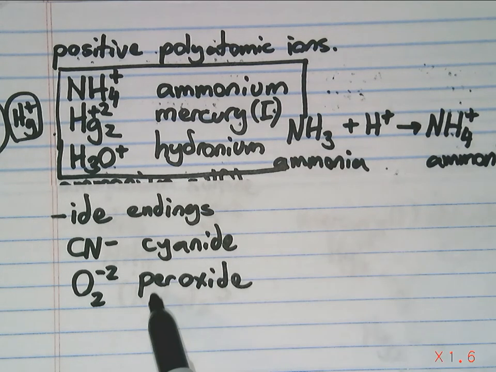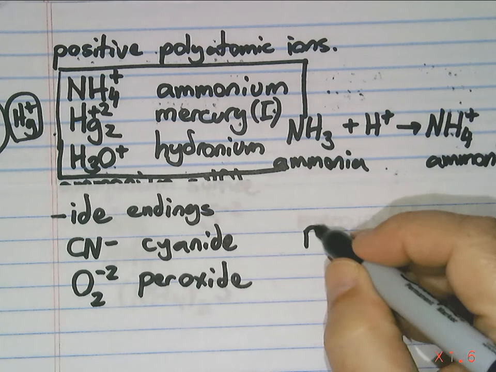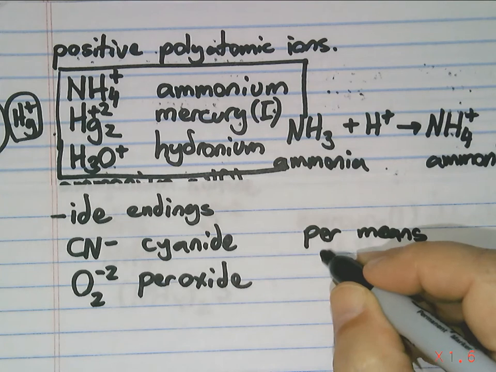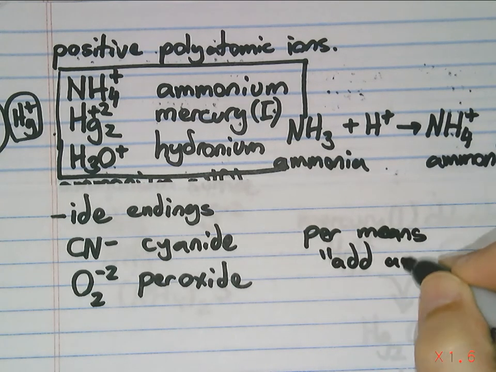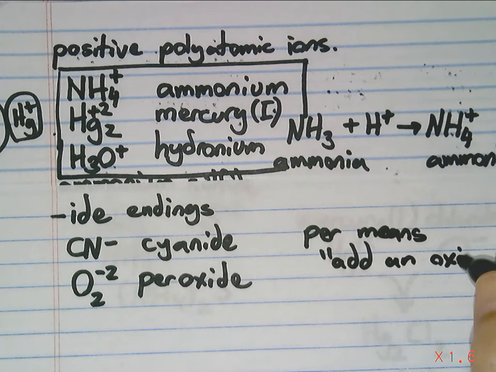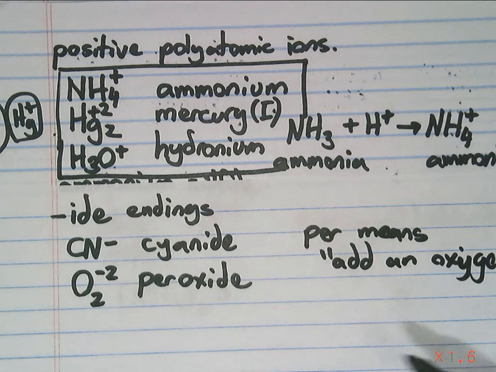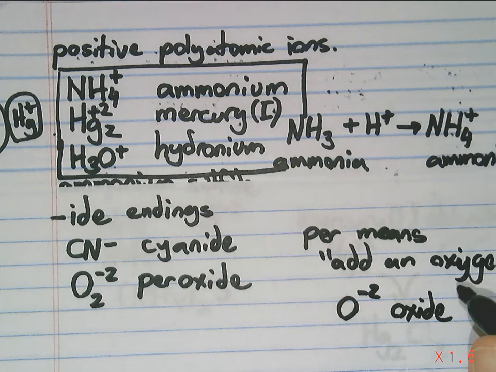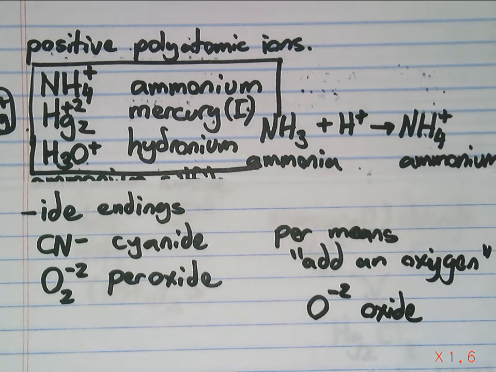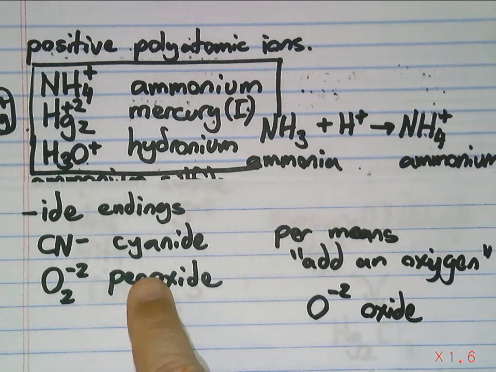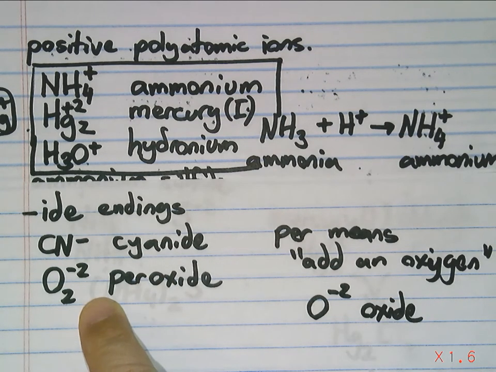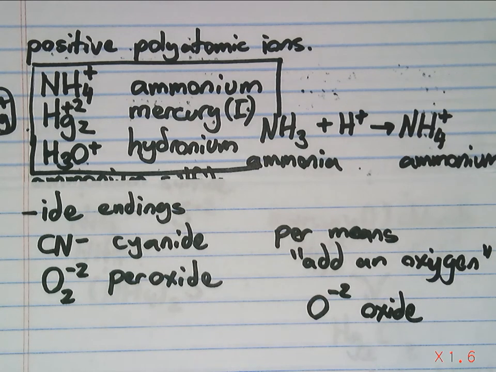You will see this per prefix means add an oxygen. So if you've got oxide is O-2, if you put a per in front of the oxide and get peroxide, that means stuff an extra oxygen into the formula. So we have O2 -2 instead of just O-2.